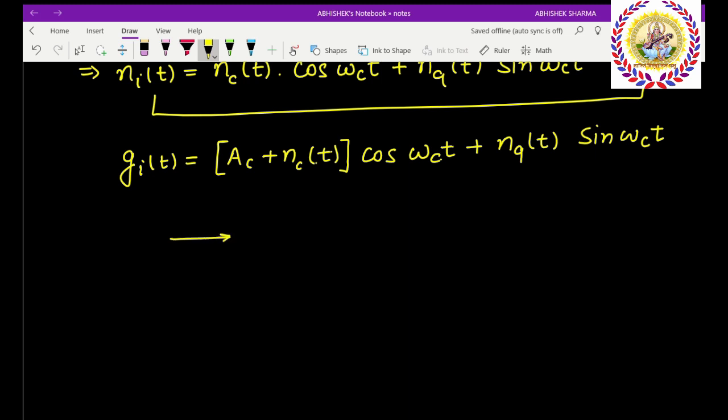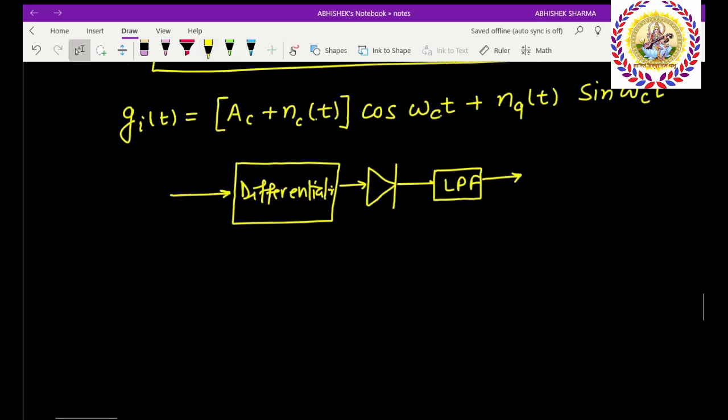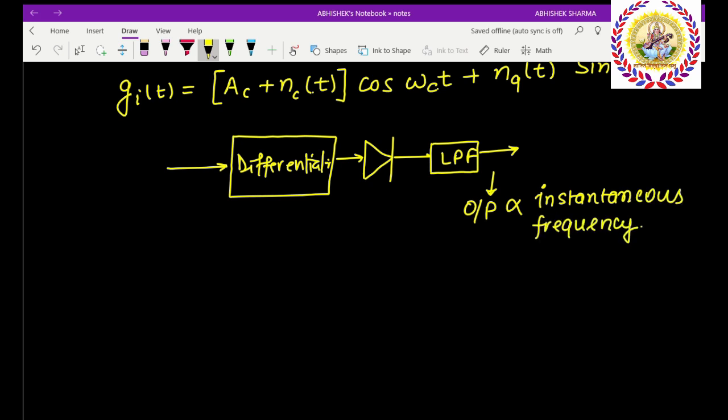Now I draw the diagram, which is first a differentiator, and after that a diode, which is an envelope detector, is connected, and then LPF. This is the envelope detector.